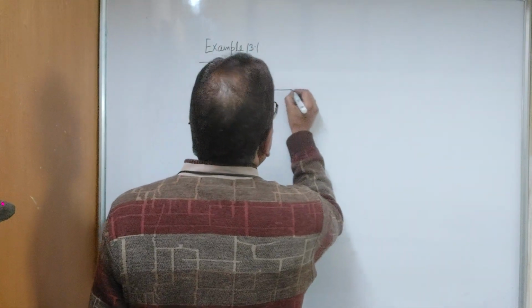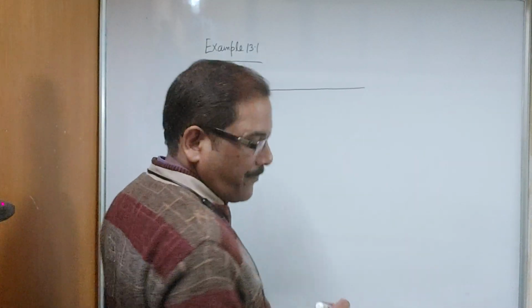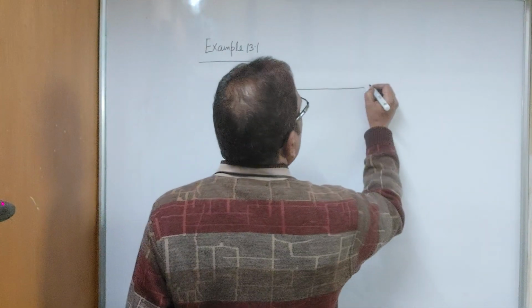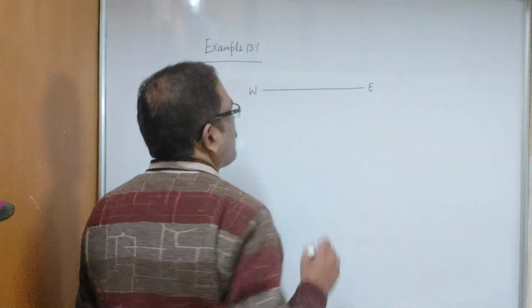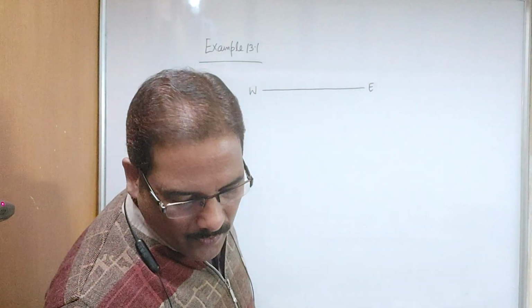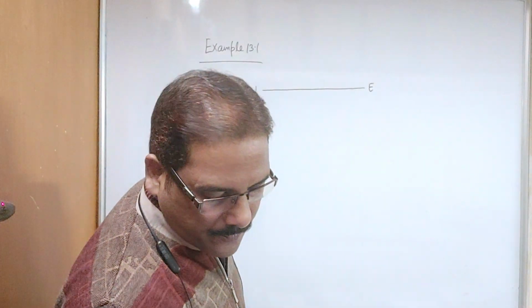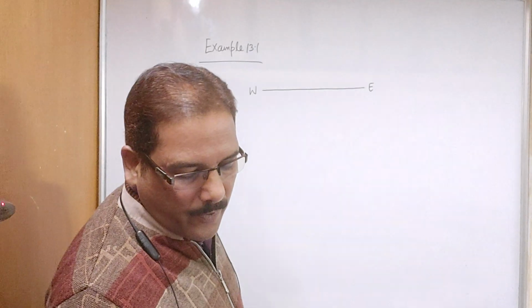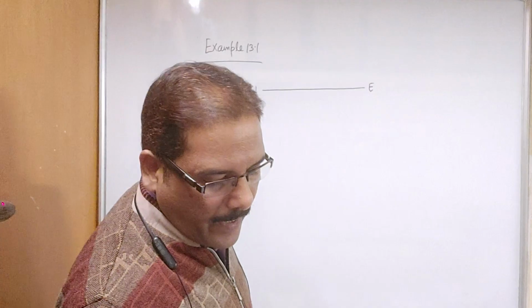So current is flowing through a horizontal power line, and as you know, this is east direction and this is west direction, upward is north and downward is south. So current is flowing from east to west. What is the direction of magnetic field at a point directly below it and at a point directly above it?